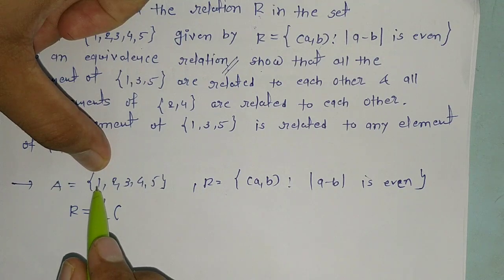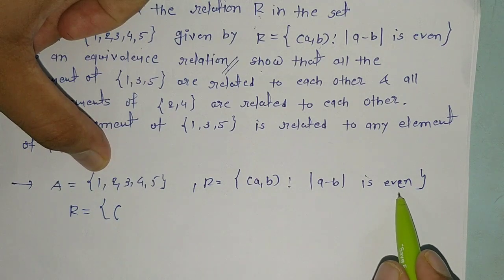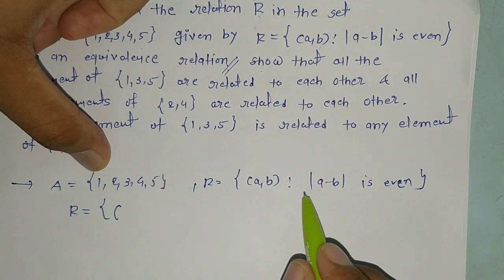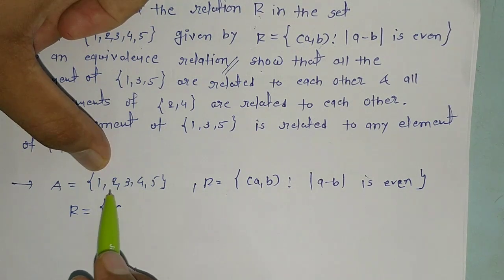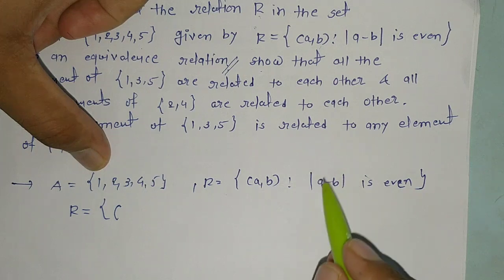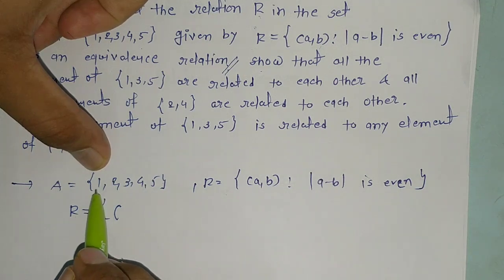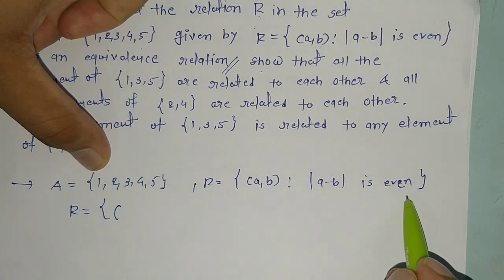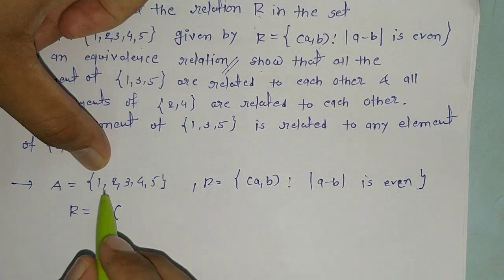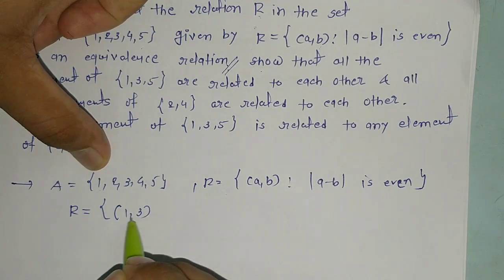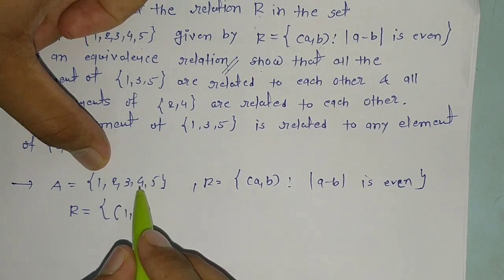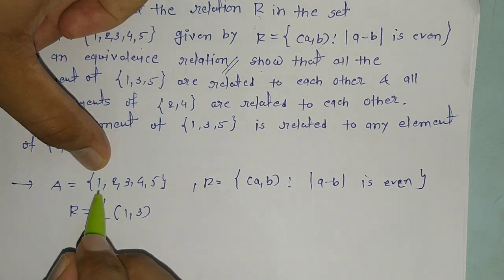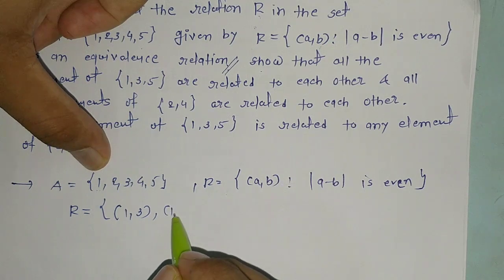If I take 1 and 2, the difference will be odd. I have to take just the positive difference, so no matter whether one is smaller or bigger, there is no concern. So 1, 2 gives an odd number, so 1, 2 will not be a pair. 1, 3, yes, the difference is 2. 1, 4 not possible as the difference is odd. 1, 5, yes, 1, 5 will be there.